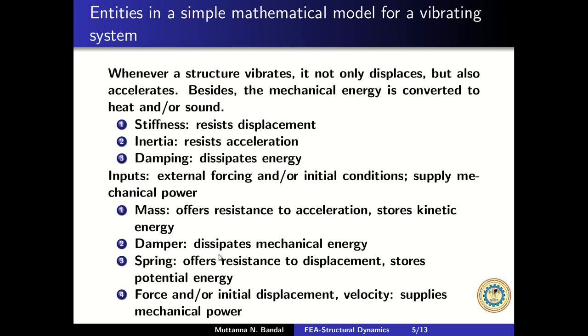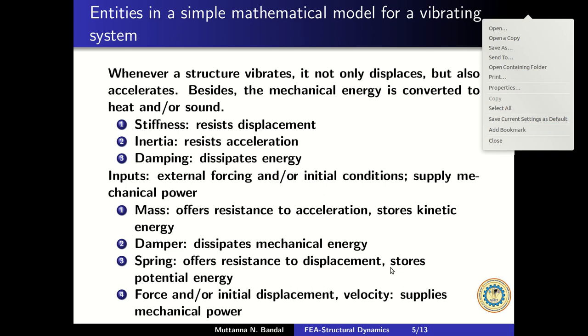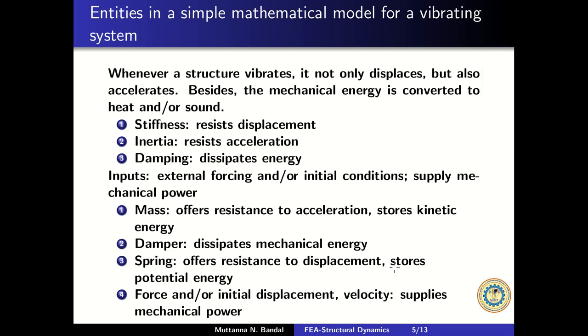Similarly, a damper dissipates mechanical energy, and a spring offers resistance to displacement and stores potential energy. You see here, the mass stores the kinetic energy and the spring stores the potential energy, and the force, or the initial displacement or velocity, supplies the mechanical power.